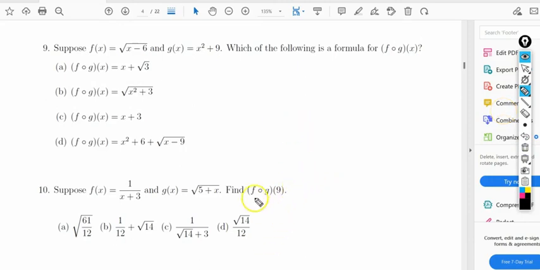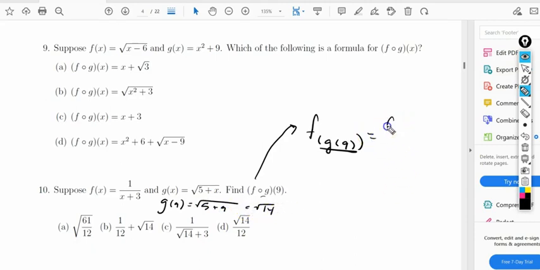Number 10, you want to find f composed with g evaluated at 9. So it's the first one evaluated at the second one evaluated at 9. So you need to get g evaluated at 9 first. So that's the square root of 5 plus 9, which is the square root of 14.